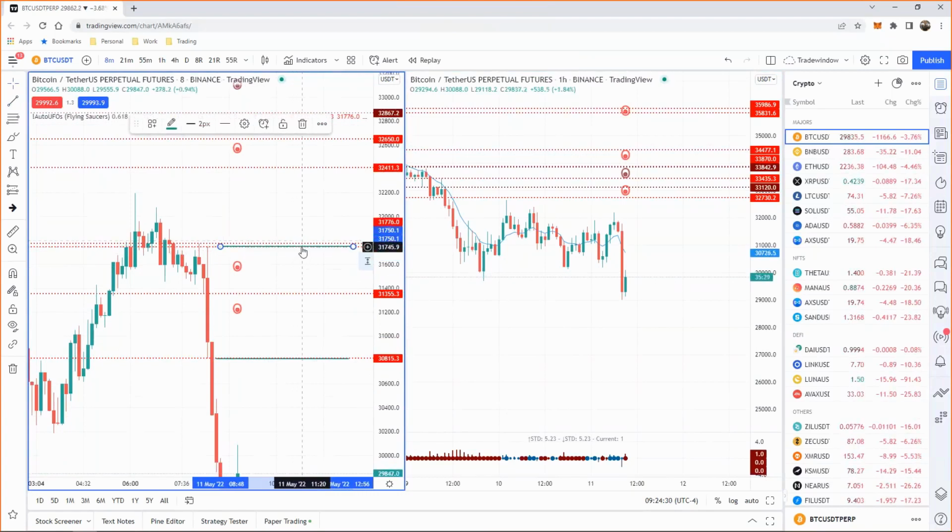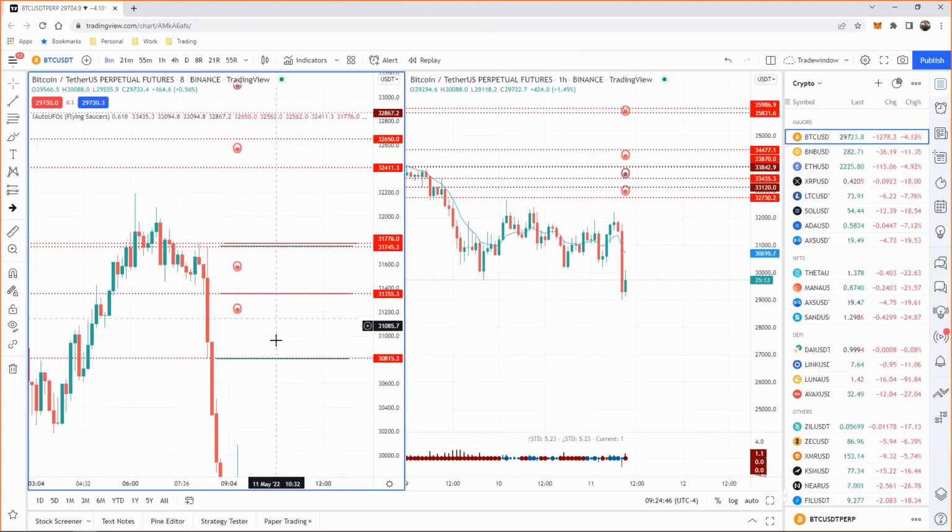However, there's also an overlapping UFO, and I'm just going to make this a different color so it's easier to understand. There's also another UFO overlapping this one, basically here. So we have stacked UFOs for entry here.